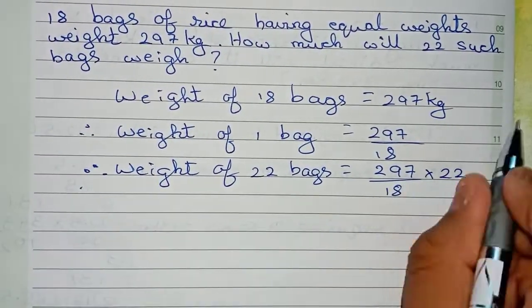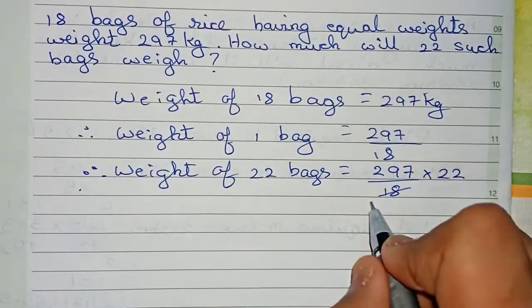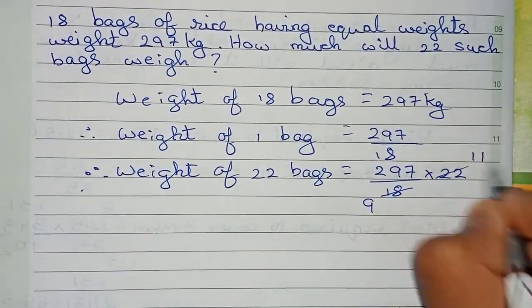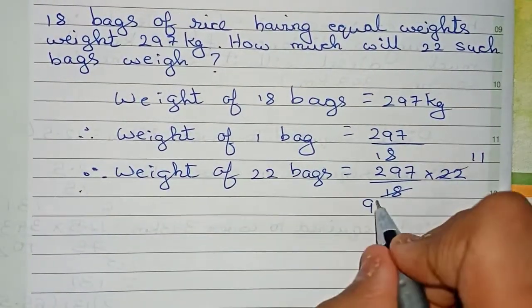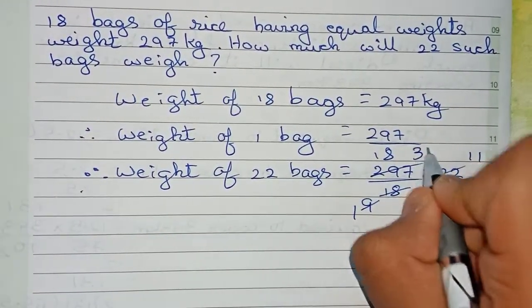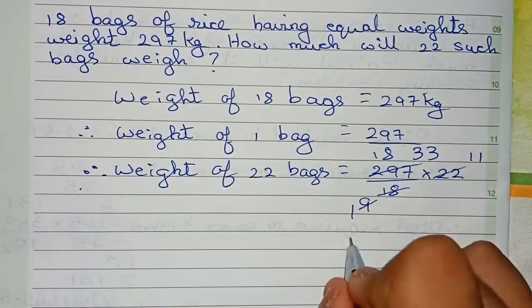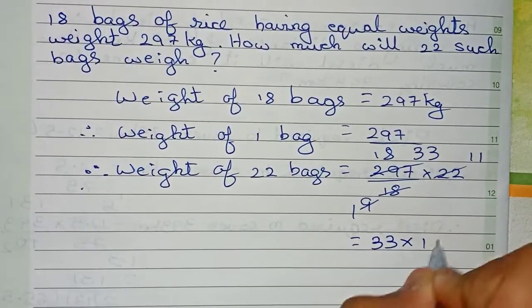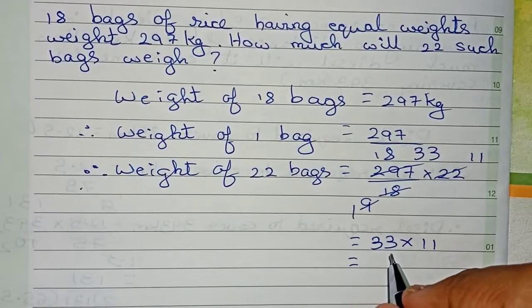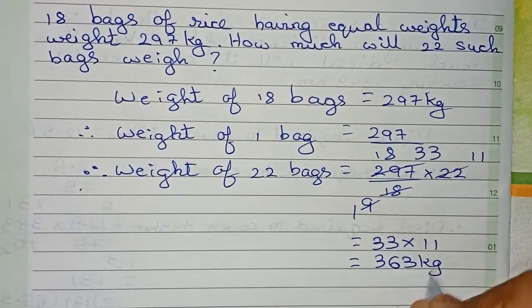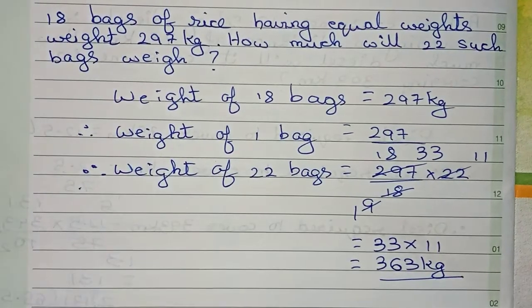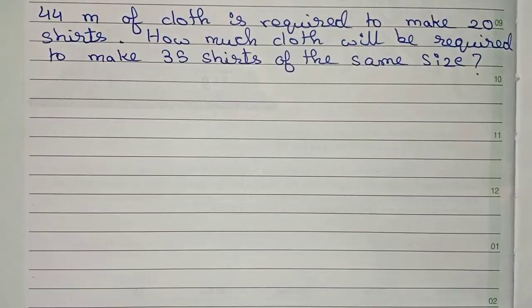First we cut 18 and 22 by 2. Now I cut 9 and 297, it will become 33. So what remains is 33 into 11, which equals 363 kg. So this is the final answer for this question. Let's move on to our next question.